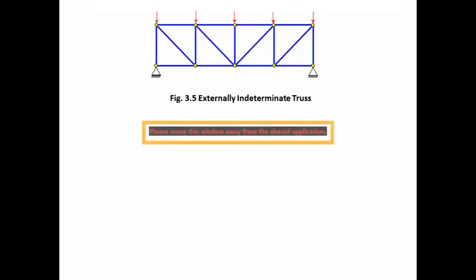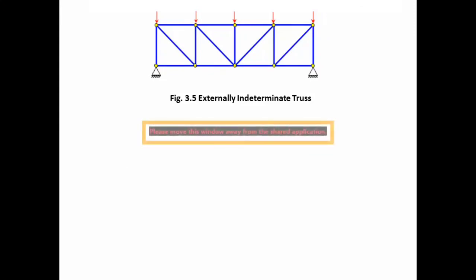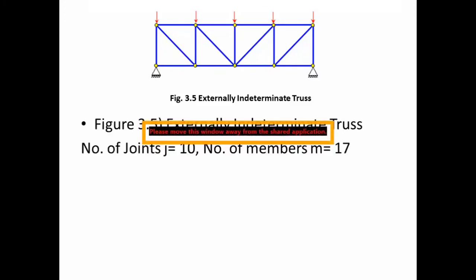Can you now apply the same equation, M plus R minus 2J? 17 members, 4 reactions. So 17 plus 4, 21, minus 2J. How much? 1. So here also we have got 1 as the static indeterminacy.